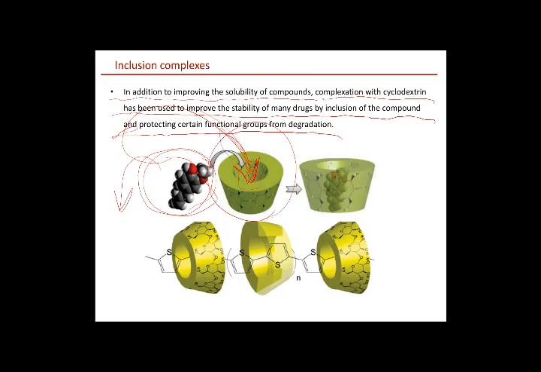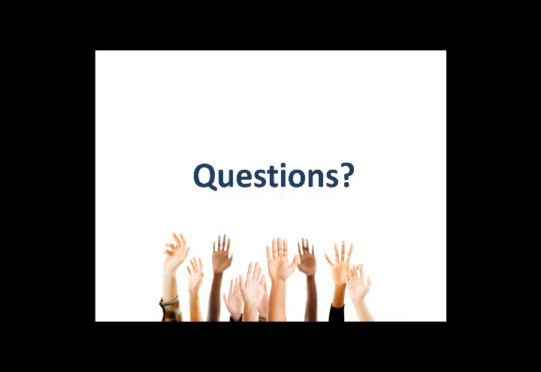If you entrap it here in this cavity, it can be protected from degradation, from many factors, and whenever it is needed or at target sites, it can be relocated and displaced, and it can do whatever job it has been intended to do.